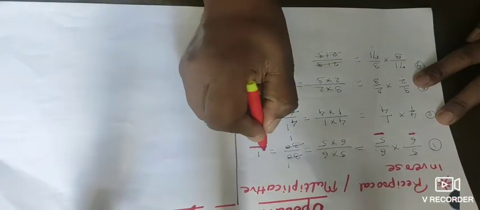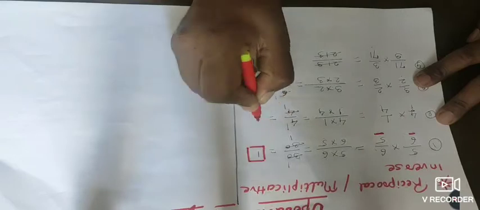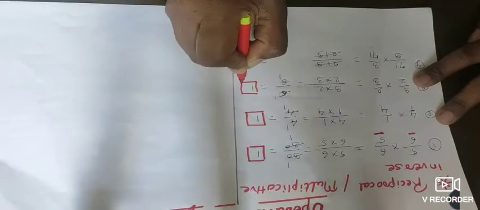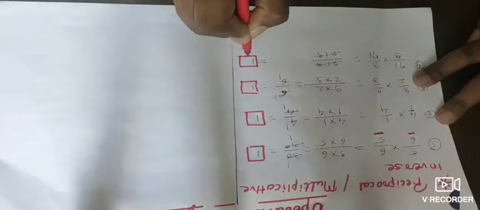What I had done is multiply the original fraction with the fraction obtained by interchanging the positions of the denominator and the numerator. When you do this, in each and every case the answer is always 1 only.